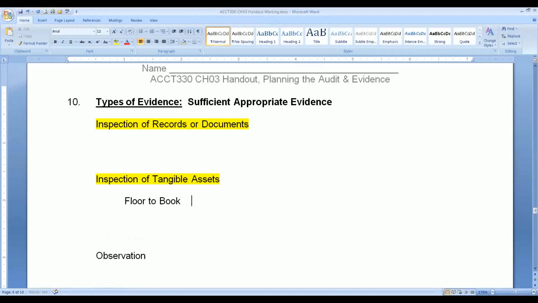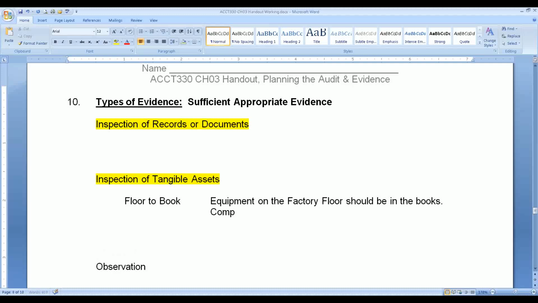And what that means is that you look at the items, equipment on the floor, and it should be in the books. This would be the completeness test.